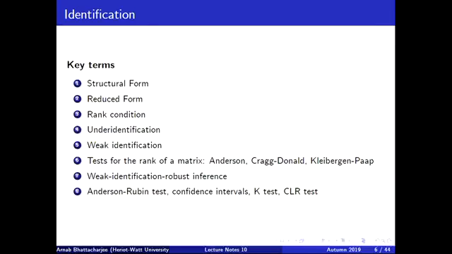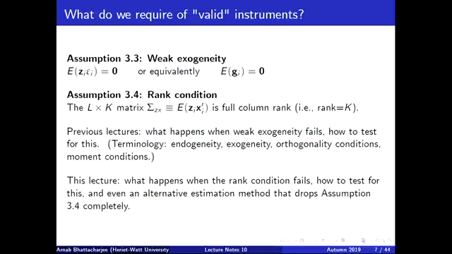Key terms, I would like you to focus on the first 3: the structural form, the reduced form, and the rank condition. And then we'll go on from there. So back to what are valid instruments? What do we need of the valid instruments? So we understand assumption 3.3, weak exogeneity, well.